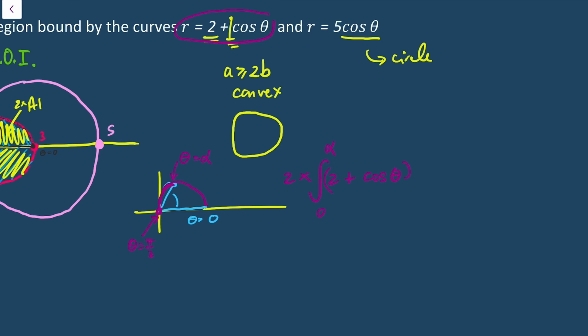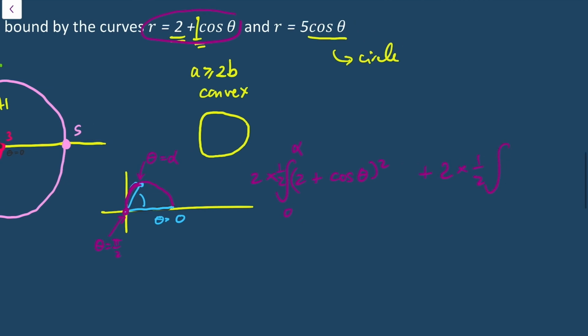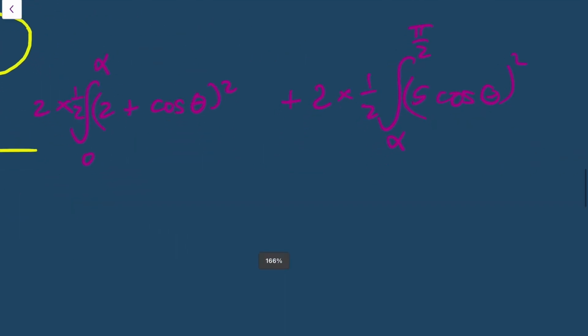And obviously it's that squared, and I need my half there, plus 2 times a half of the integral between alpha and pi by 2 of 5 cos theta, all squared. So that's what we're trying to find. I hope that makes sense.